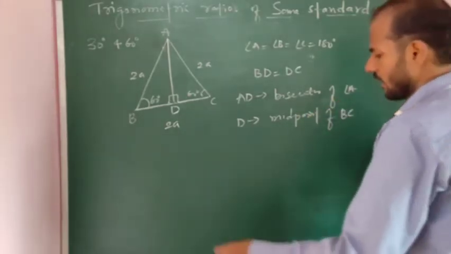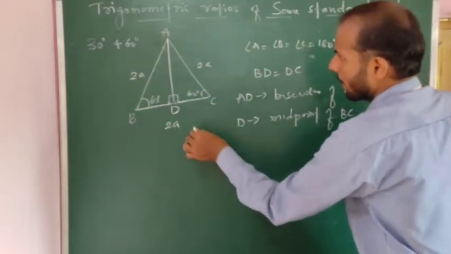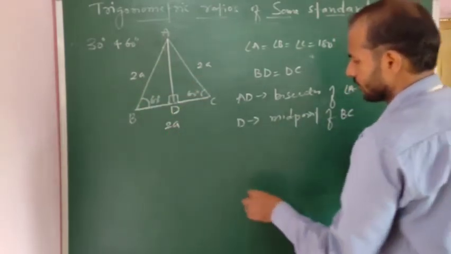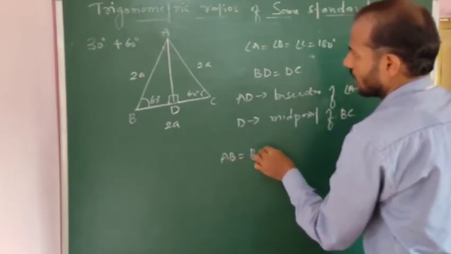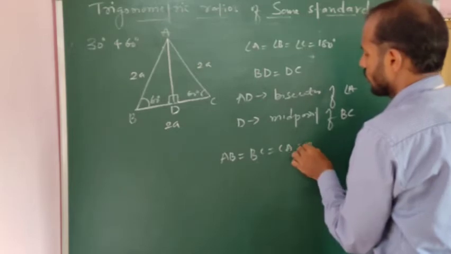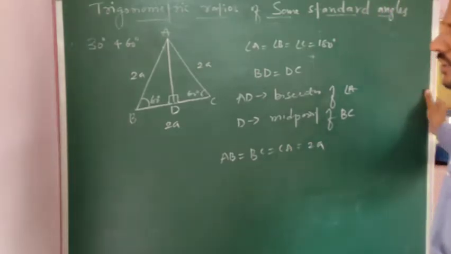Therefore, AB equals BC equals CA, and all three sides are equal to 2A.